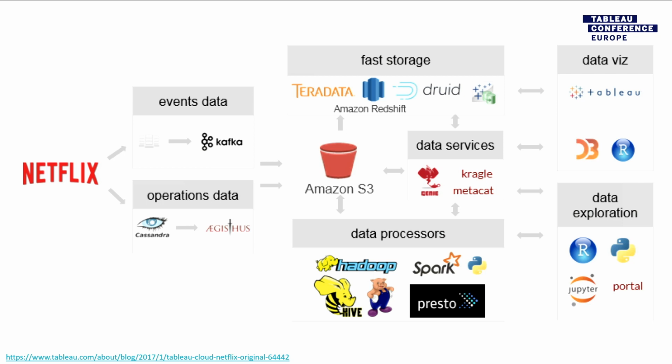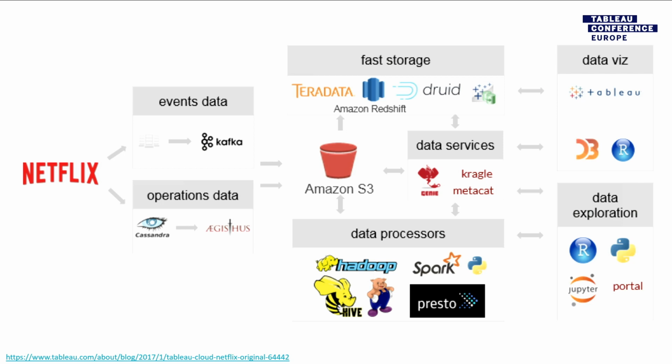And from there, they decide, depending on the use case, where they want to use that data and which way people should interact with it. So data scientists maybe run some machine learning workloads more on the data processors. They run that on Hadoop directly or Spark or Presto, and then visualize that either in Tableau, or they have other in-house options as well, or open source ways to do that, depending on how they want to share that data.